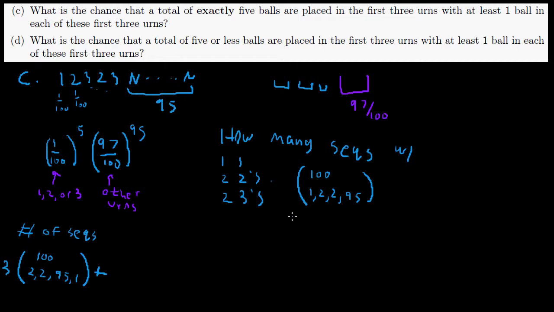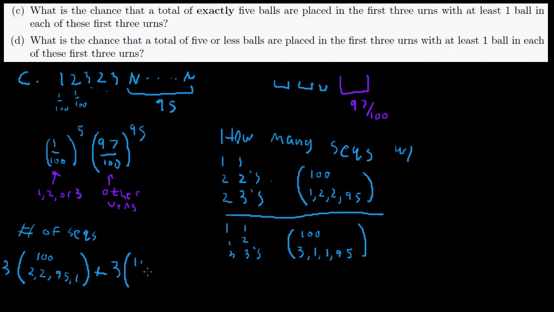There's another case where I have, say, 1, 1, 1, 2, and 3 3s. And this is 100 choose 3, 1, 1, 95. And again, we can do the same thing. We can get 3 of the 2, 3 of the 1, and so on. And they're all different sequences. So we have 3 times 100 choose 3, 1, 1, 95.